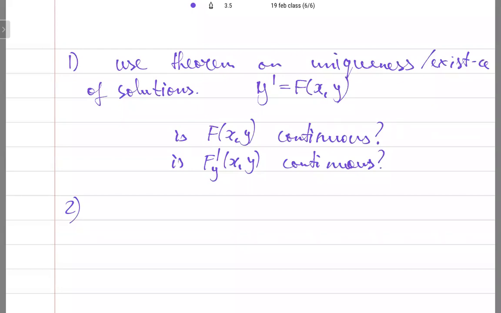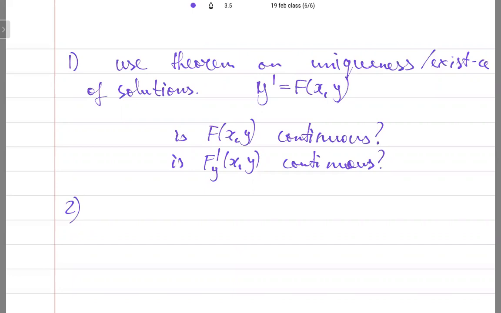And basically, we have no general means to check. Honestly speaking, in advanced theories, there are many more theorems on existence and uniqueness of solutions.